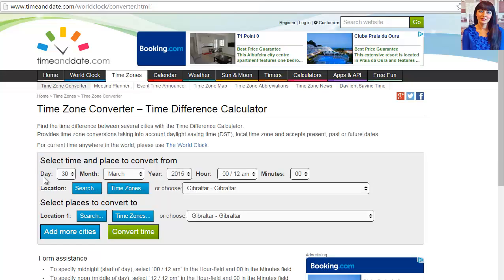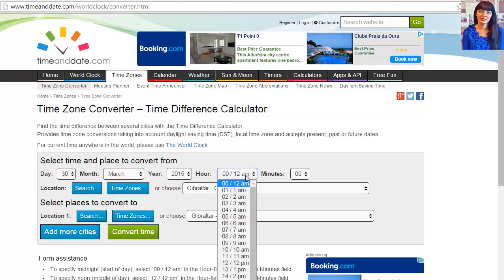So we have 30th March. It doesn't really matter what the date is right now, because we know about the change of the time zone for summer and winter times, so that's done now and we don't really care about the dates, so we need to choose the time.